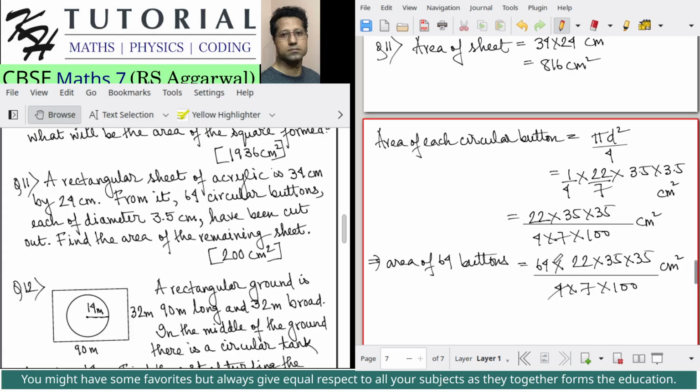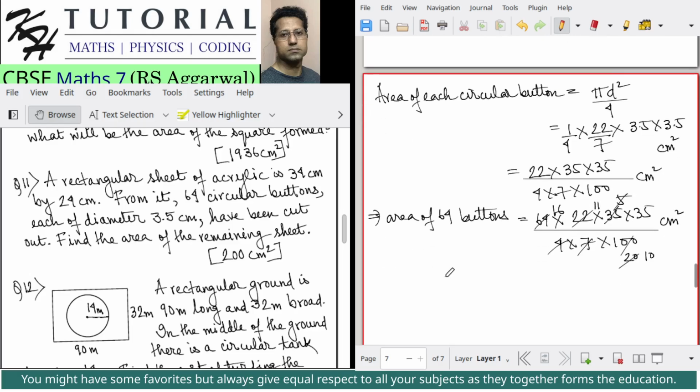Okay, so 4 divides 64 with 16, 7 divides with 5, and so this is equal to 16 multiplied by 11 multiplied by 35 divided by 10, this much centimeter square.